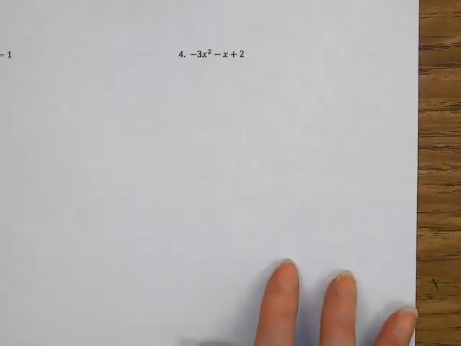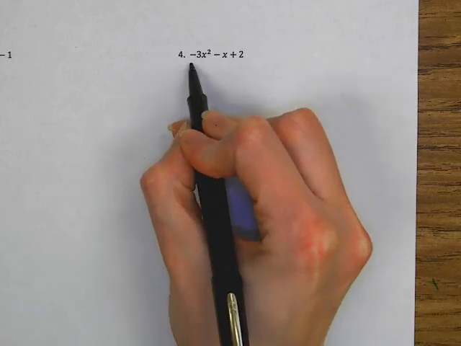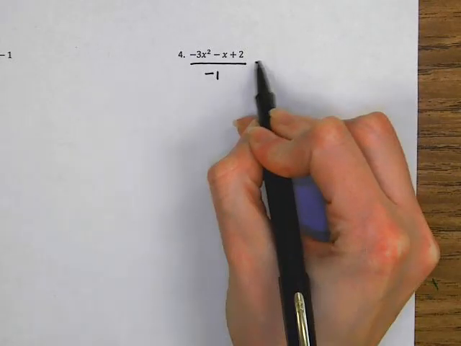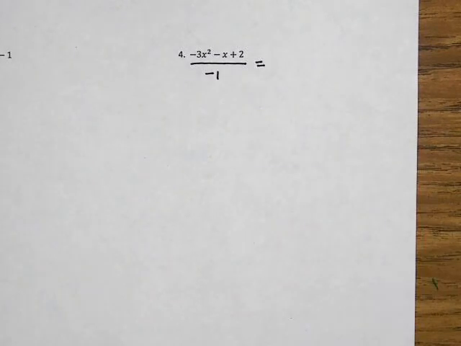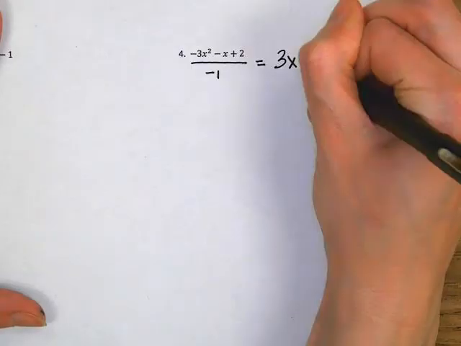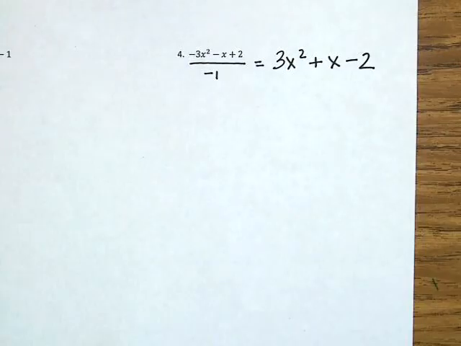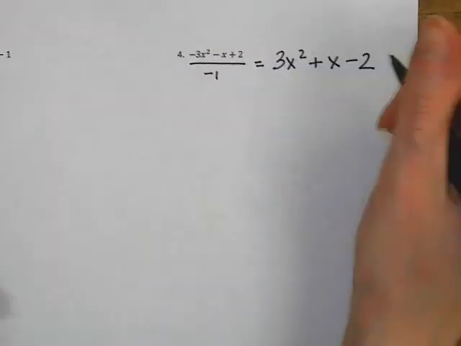All right, it says to factor, so you need to start by, if the front number is negative, you always want to divide out a -1 first. So go ahead and divide every single piece by -1. So this becomes positive 3x squared, this becomes positive x, and this becomes -2. Okay, this is what we're factoring.